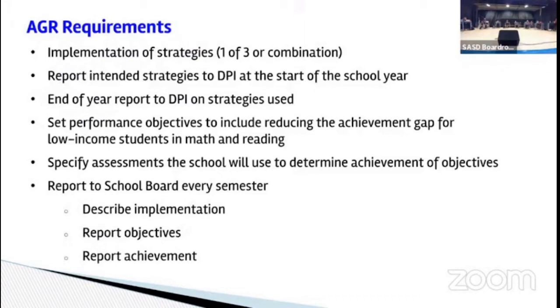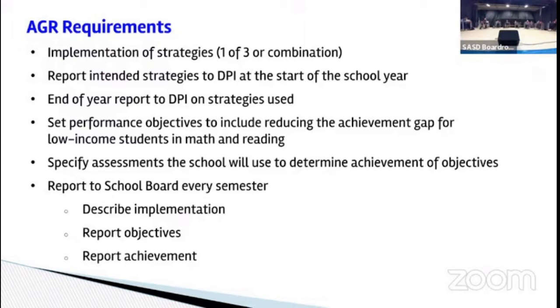You also must report the intended strategies to the DPI at the start of the school year. So our principals fill out this report, and then again at the end of the year. They set performance objectives to try to reduce the achievement gaps for our low-income students for math and reading.